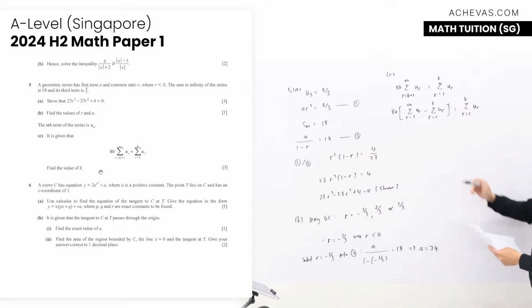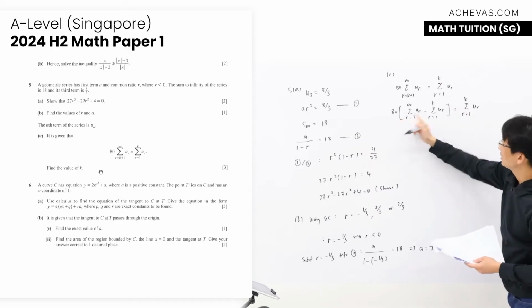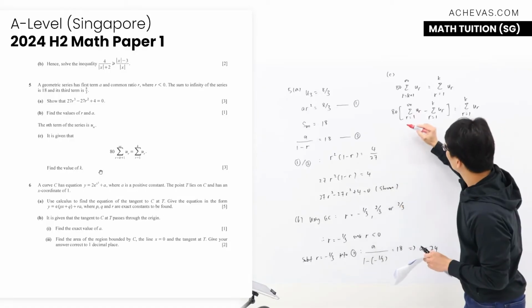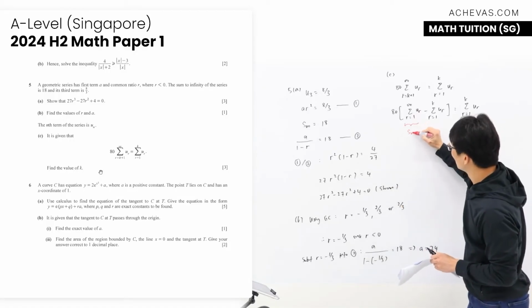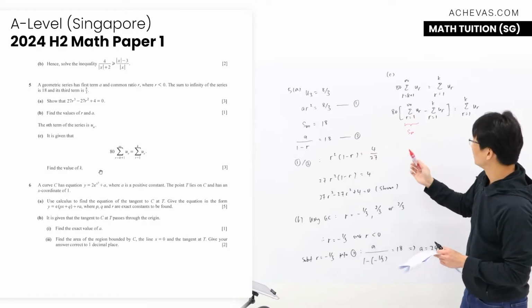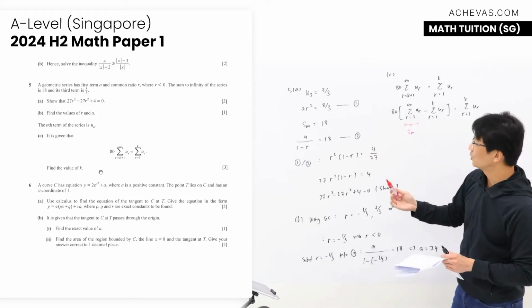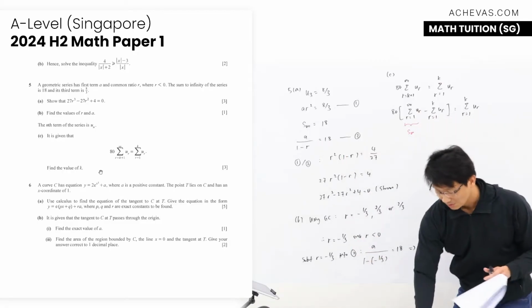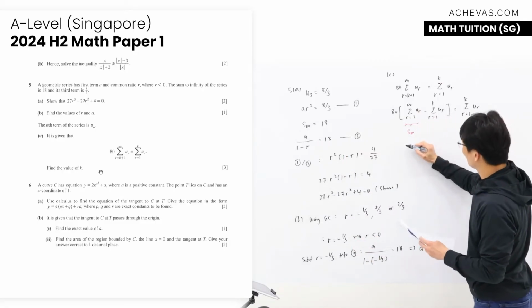Okay, I'm going to expand this. At the same time, we can actually recognize that this happen to be the sum to infinity because this is sum from 1 to infinity, which happen to be a sum to infinity, which I have the value already, which is equal to 18. Right, I'm going to expand now.